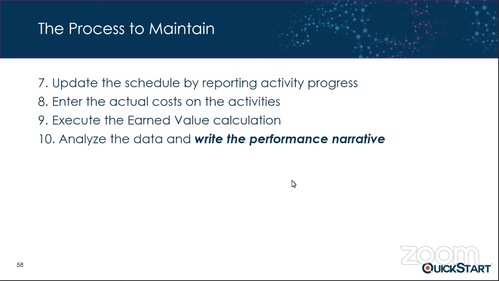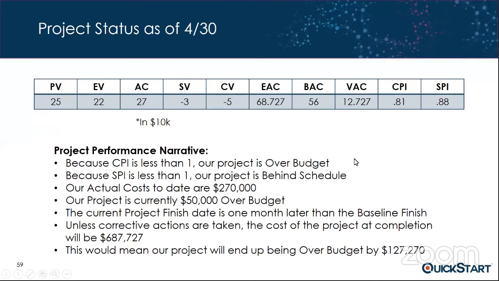And don't forget, if we go back to our process, step number 10 says after performing your earned value calculations, you analyze the data and write your performance narrative. And really, this is the story. This is interpreting these metrics, and this is how you would do it.